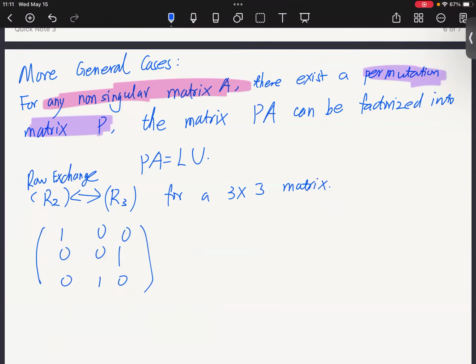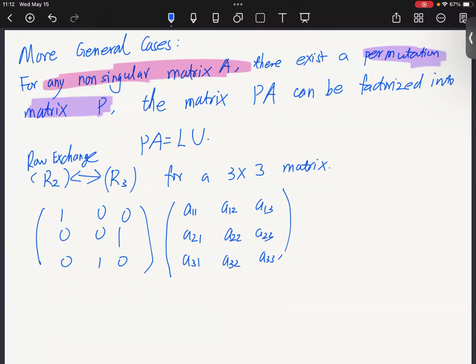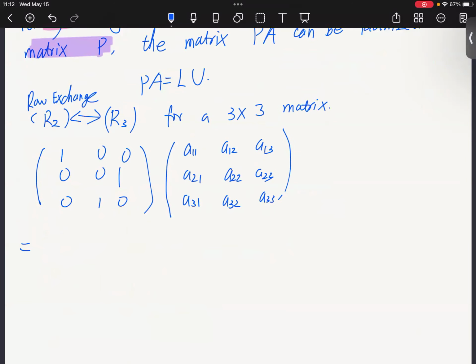And let's see why this can help us get the row exchange here. For example, this is A11, A12, A13, A21, A22, A23, A31, A32, and A33. If you do the multiplication on the left-hand side, what can you get? For the first element, the first row times the first column is just A11.